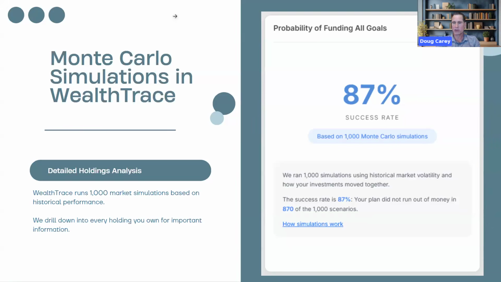So this is extremely valuable information, and we look at the holdings level, which gives us the most accurate Monte Carlo result basically you can get because we drill down into the finest level of detail possible.